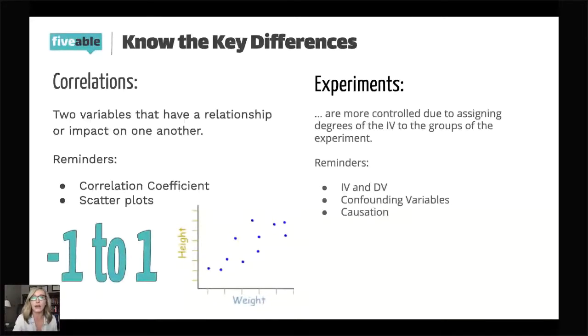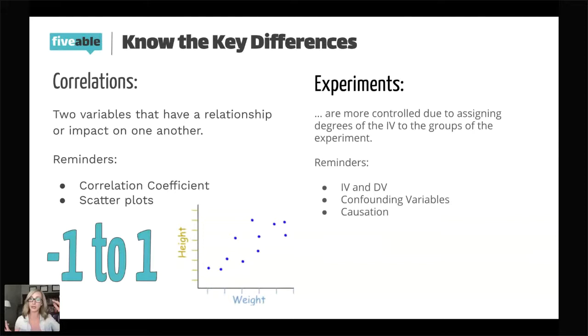So the number of the correlation coefficient is the strength, meaning how visible, how noticeable is the line of best fit. If there's lots of scatter on your scatter plot, that's not a lot of strength.